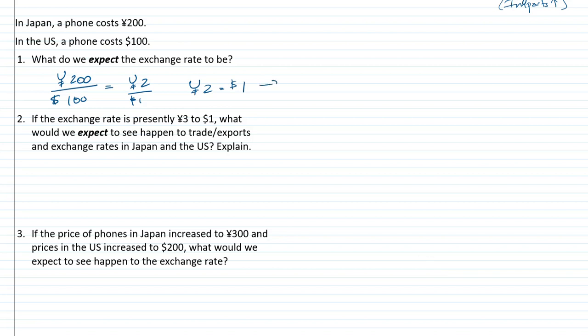So an exchange rate of 2 yen to $1 is what we expect the exchange rate to be. The other way to say this: $1 should buy 2 yen. That's what the exchange rate should be in this scenario.